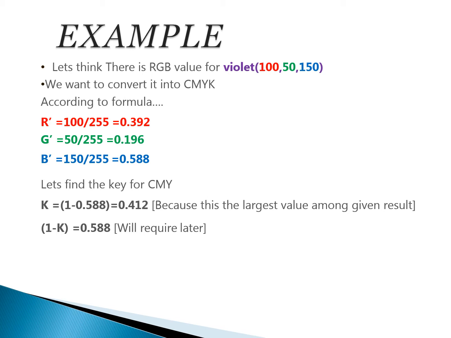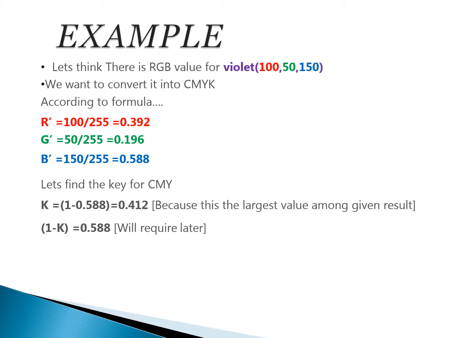Among all these three values, the highest is the B dash value. So from this B dash value, I can get the value of K. The K value will be equal to 0.412, because of 1 minus 0.588, which is the maximum among the red, green and blue.